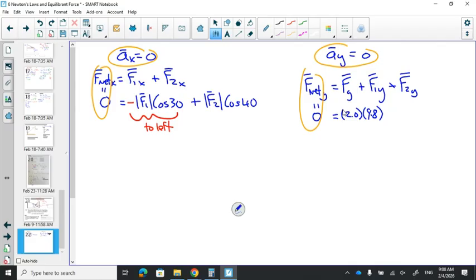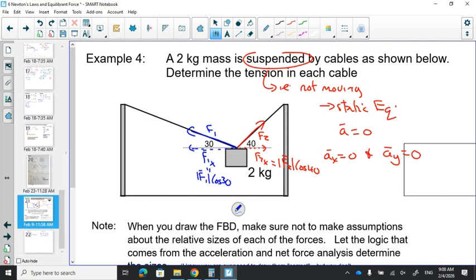And then the F1y is going to be, they're both up, right? So plus the absolute value of F1 times what? The y components of things, right? F1 was the one that had the 30-degree angle. So F1, let's put it in here to be complete. F1 y component. Absolute value of F1 sine of 30.